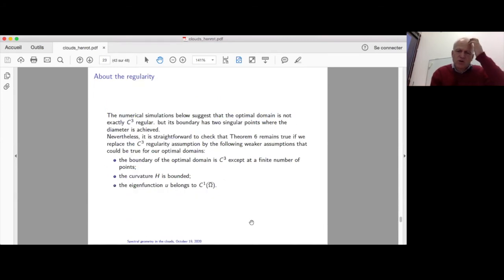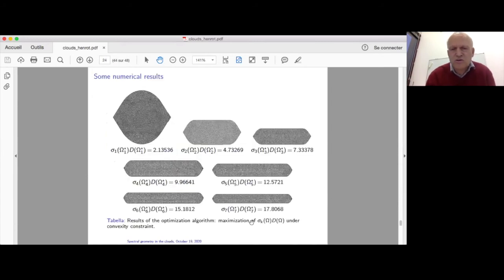Okay, so the C3 regularity is a little bit strong, as you are going to see in the numerical simulation, so I show you the numerical simulation immediately. Actually, what we see, so these are the optimal domains for sigma 1, sigma 2, sigma 3, sigma 4, 5, 6, 7.